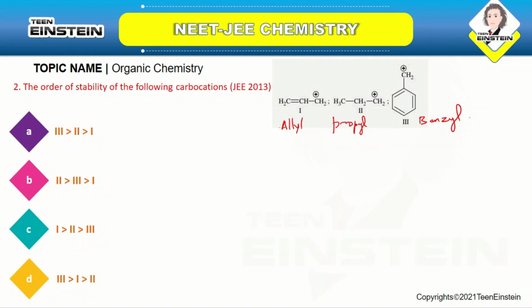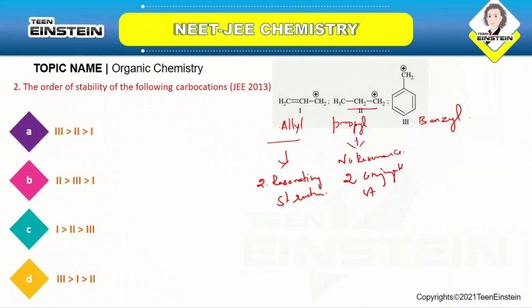So the first structure, that is the allyl group, has two resonating structures. In propyl, there is no resonance, but hyperconjugation is present, which forms two conjugating structures which stabilize this carbocation.